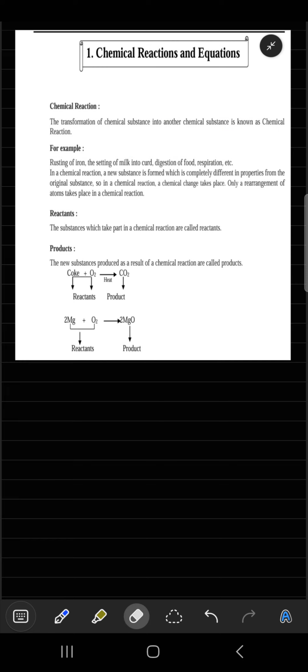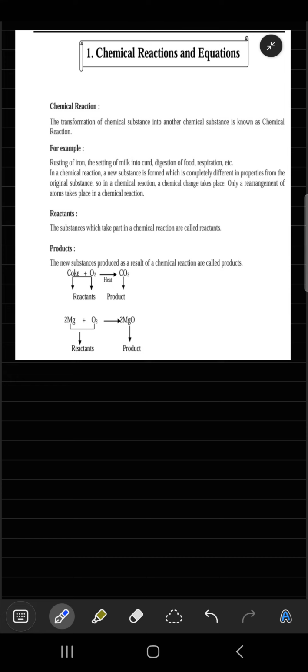The two most important definitions we use in a chemical reaction are the reactant and the product. What is a reactant? The substance which takes part in a chemical reaction is called a reactant, and the new substance produced as a result of the chemical reaction is called a product.